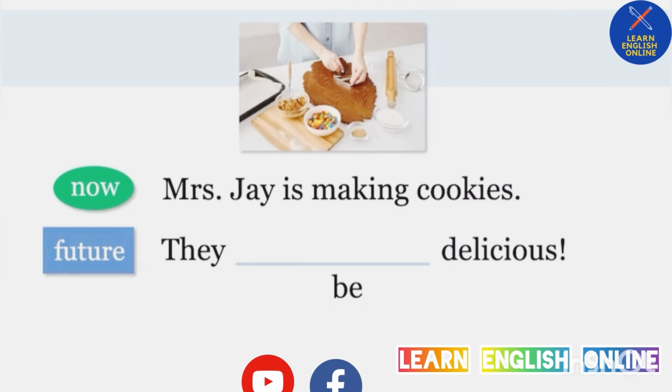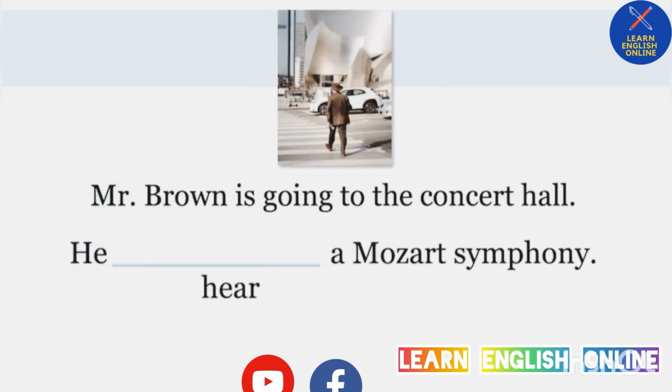Okay, now you try forming it. Mrs. J is making cookies. That's happening right now. And now you have to fill in the blank. What goes in the blank to make the future? They are going to be delicious. Mr. Brown is going to the concert hall.